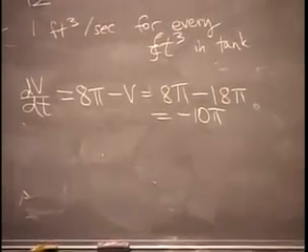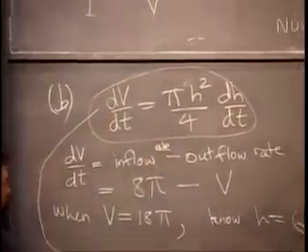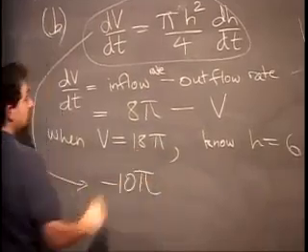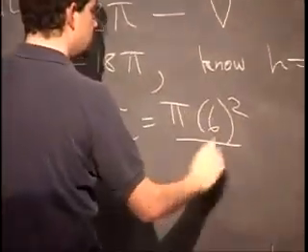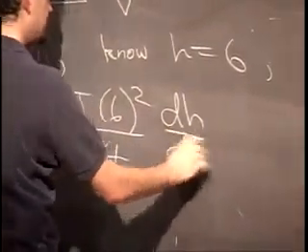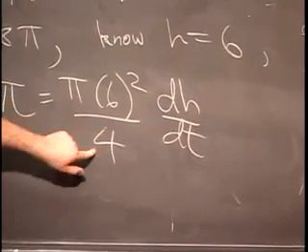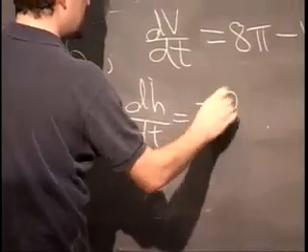Anyway, we can now finish the problem back in this equation here, but this time with dV/dt as minus 10 pi equals pi, h is 6, over 4 dh/dt. And the difference now is that 36 over 4 is 9, so now dh/dt equals minus 10 over 9.